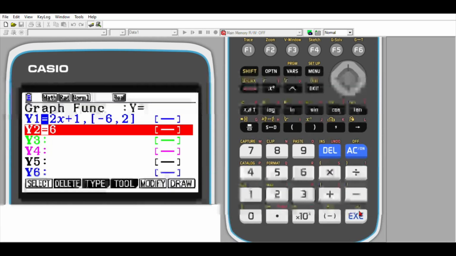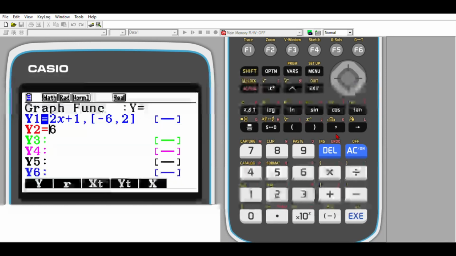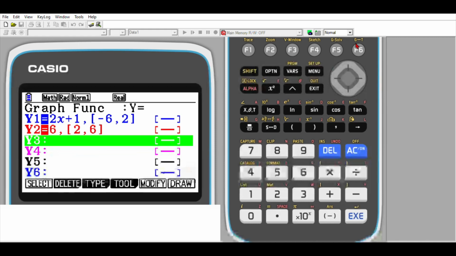Then for the second function, we want to draw this from, comma, we open bracket, from 2, which is the limit, to 6, which is the upper value that we're drawing, right? So we close this using bracket, and then you click on execute, and once again you click on draw.